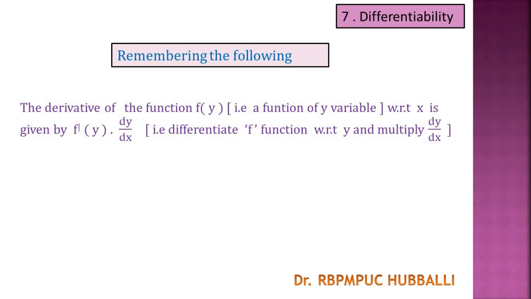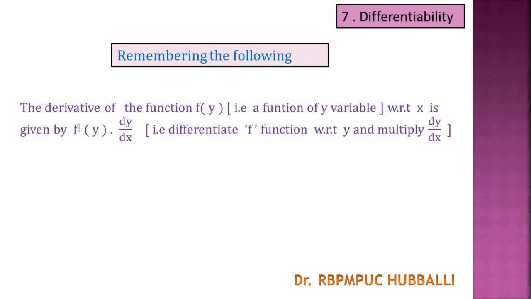Here I am discussing the rule for the derivative of y variable functions. The derivative of function f of y, that is a function of y variable, with respect to x is given by, that means, how to write the derivative for y variable functions: differentiate the y variable function with respect to y variable only.